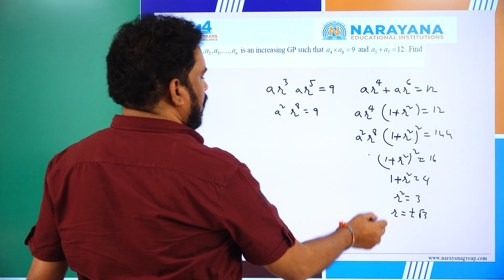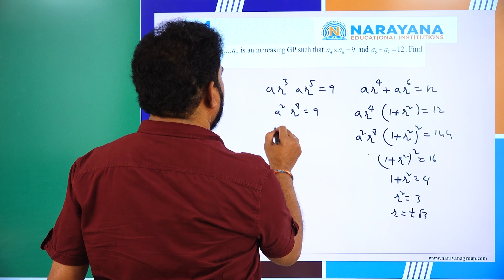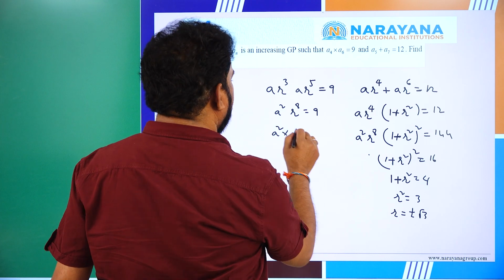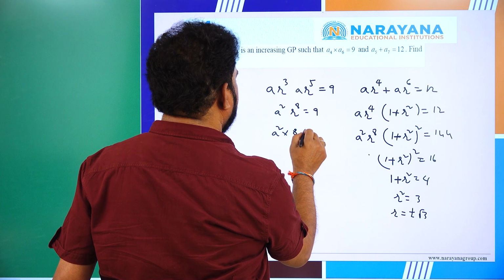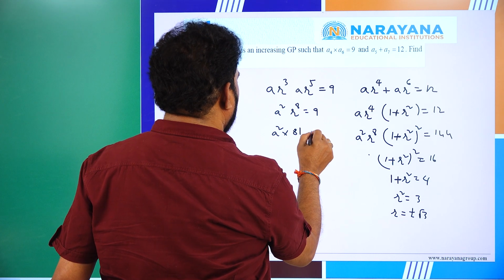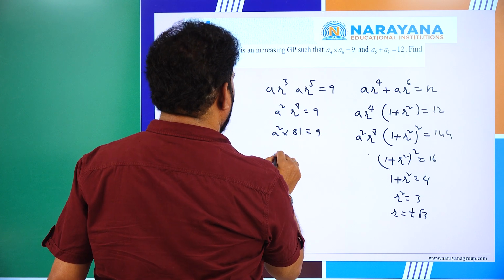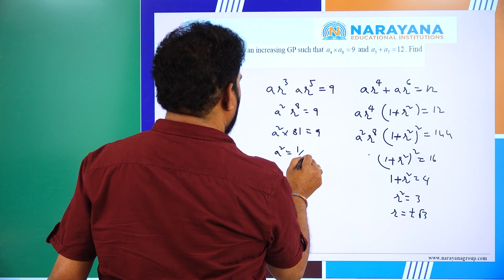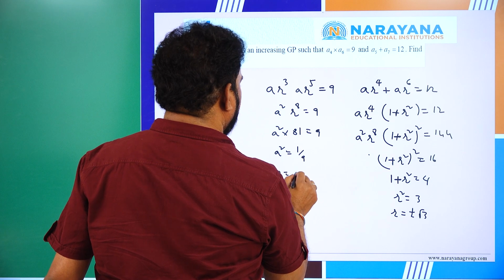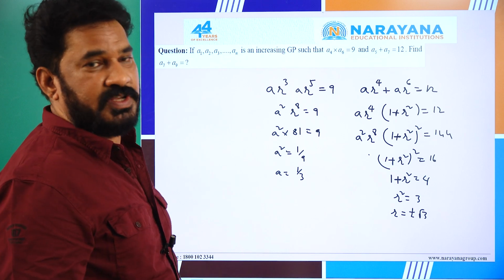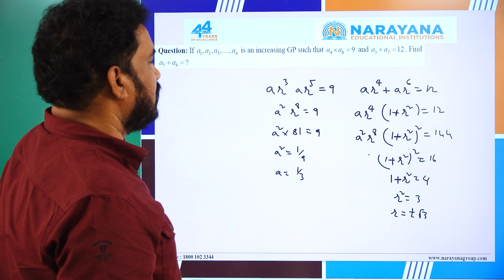Now, r square is equal to 3, so a square into r power 8 means a square into 81 is equal to 9. So a square is equal to 1 by 9, and a is equal to 1 by 3. So we got a, the first term of the GP, as 1 by 3, and the common ratio as root 3.